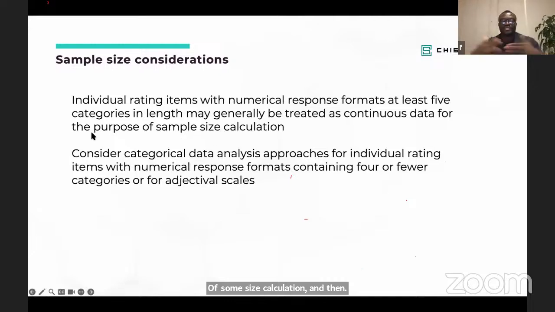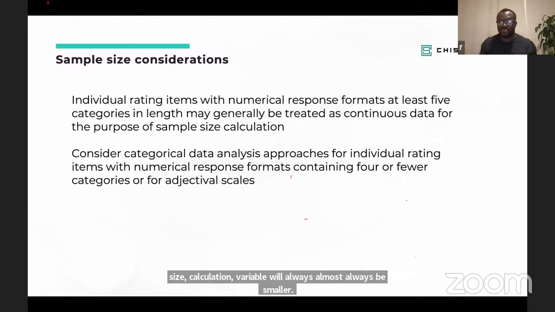So if we're doing a survey in which we are planning on using an ordinal, we can treat the ordinal as a continuous variable and calculate our sample size based on that. But if we want to be more conservative, sample size calculation for a continuous variable will almost always be smaller than the sample size for a categorical variable.